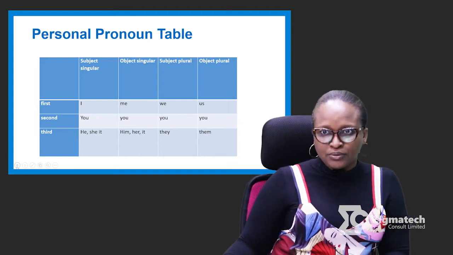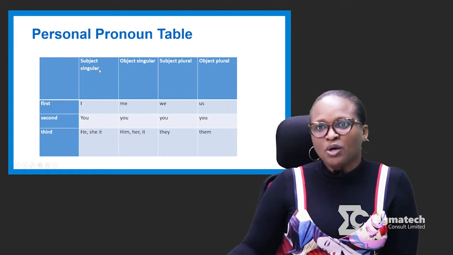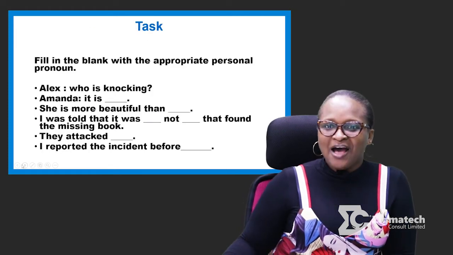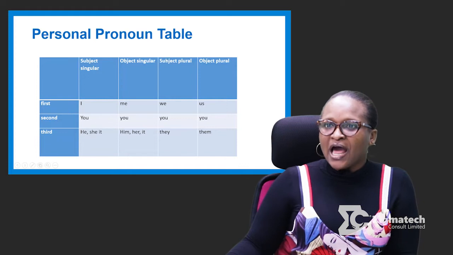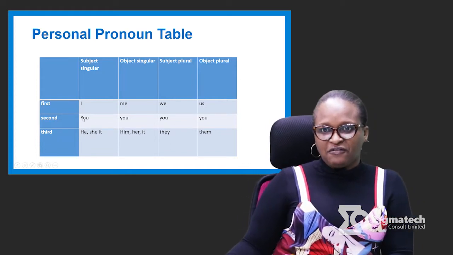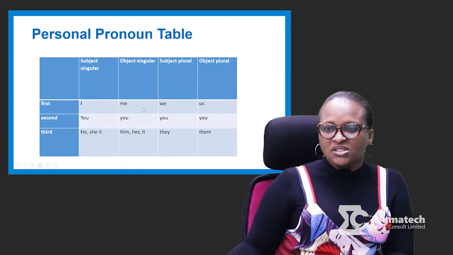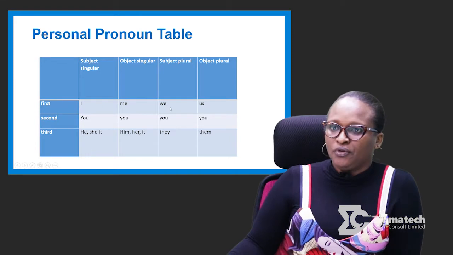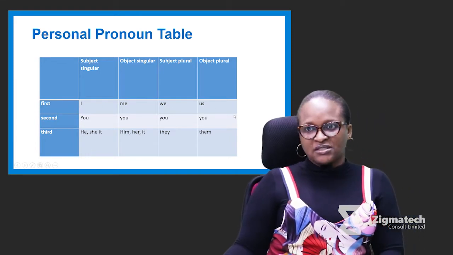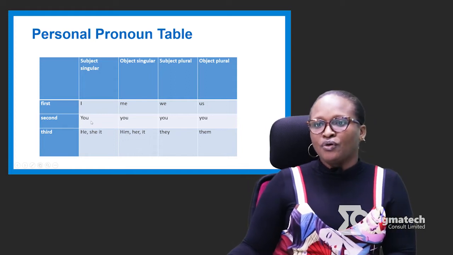Then this is our table showing the personal pronouns. Now we have the subject singular, the object singular, the subject plural, and the object plural. The first person: I is a subject, me is the object, we as the subject plural, us as object plural. Then we have the second person, you, all through.